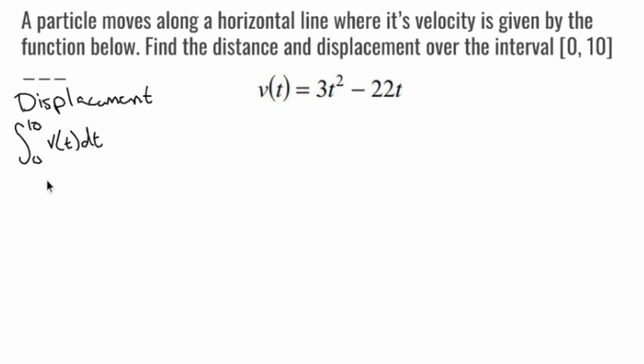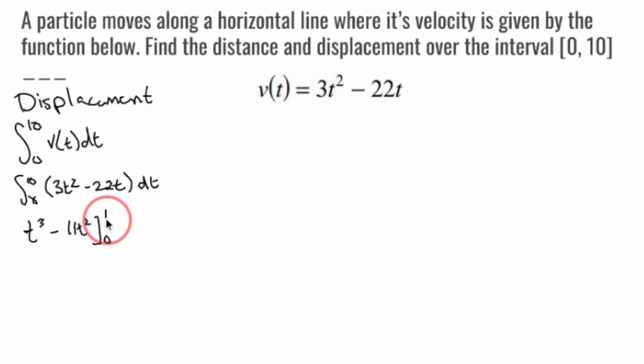So my velocity function was 3t squared minus 22t, close that, dt. The integral of 3t squared is t cubed minus 22t, the integral of that is 11t squared, and my limits of integration are 0 and 10.